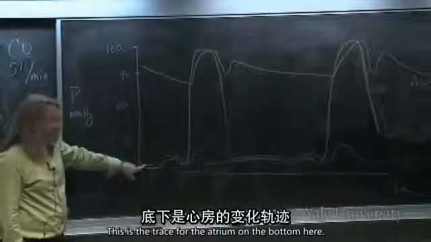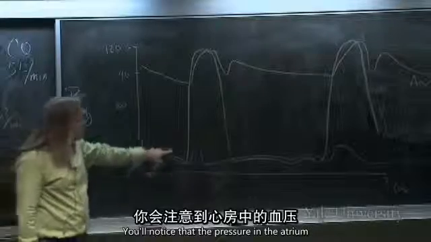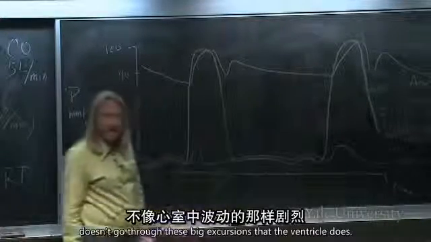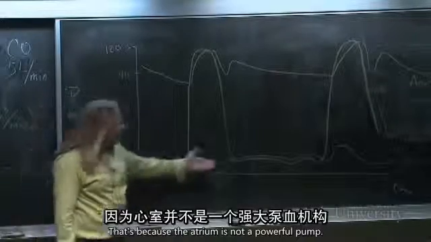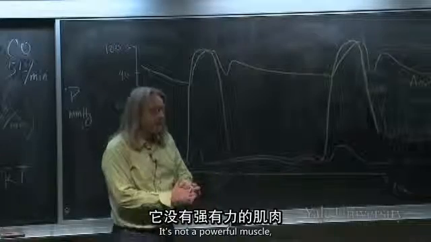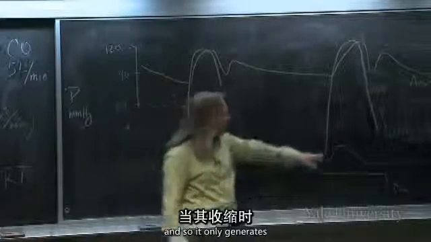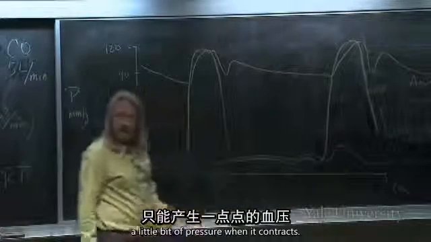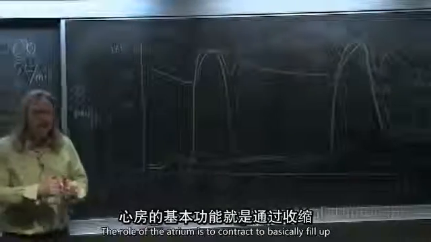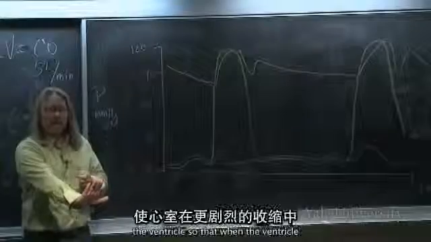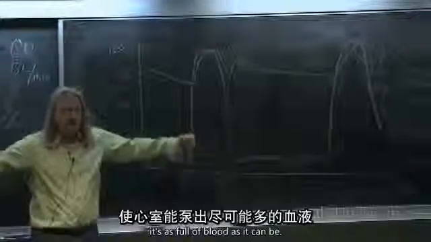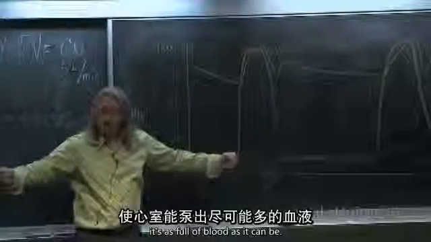This is the trace for the atrium on the bottom here. You'll notice that the pressure in the atrium doesn't go through these big excursions that the ventricle does. And that's because the atrium is not a powerful pump, right? It's not a powerful muscle, and so it only generates a little bit of pressure when it contracts. And the role of the atrium is to contract to basically fill up the ventricle, so that when the ventricle goes through its massive contraction, it's as full of blood as it can be.